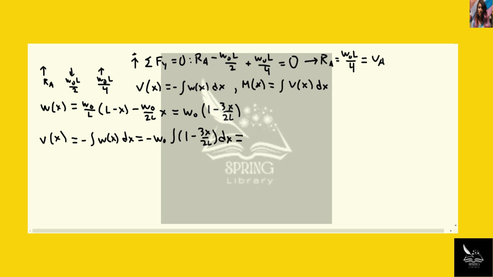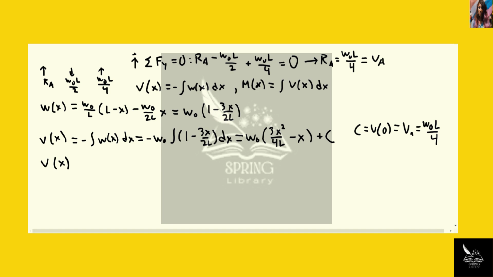And the result of this will be a W0 and quantity 3x squared over 4L minus x, and we have our integration constant C. And we know our C should be, according to VA, C equals V of 0 equals VA equals W0L over 4.